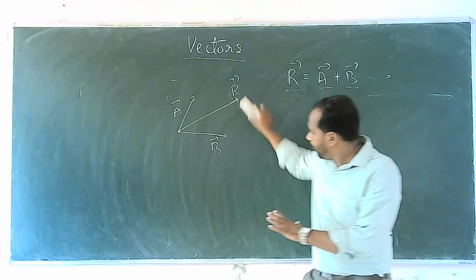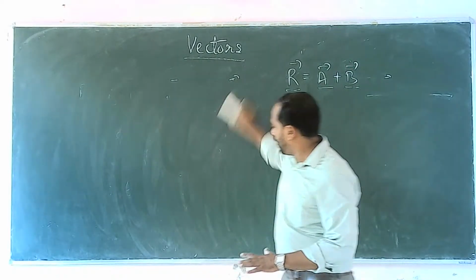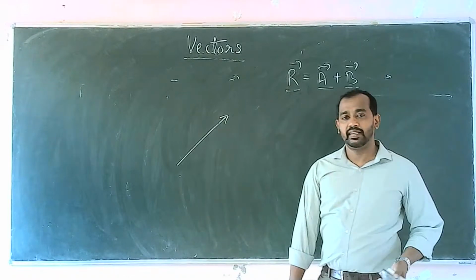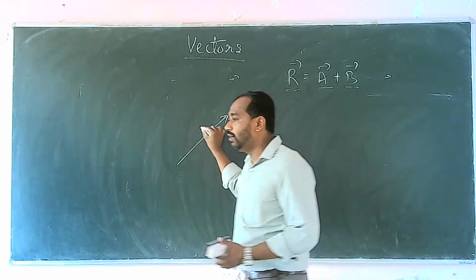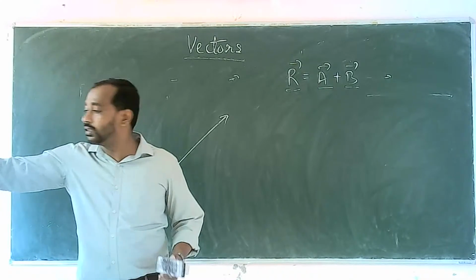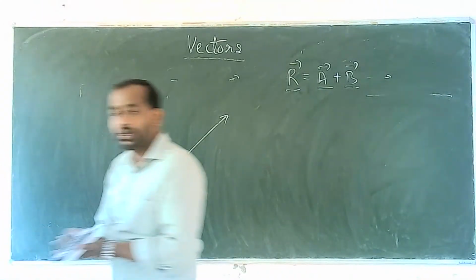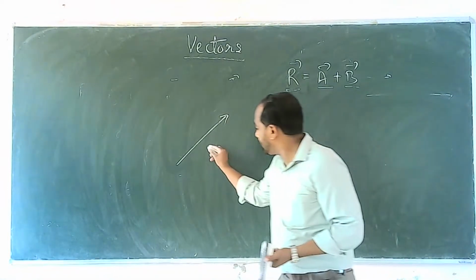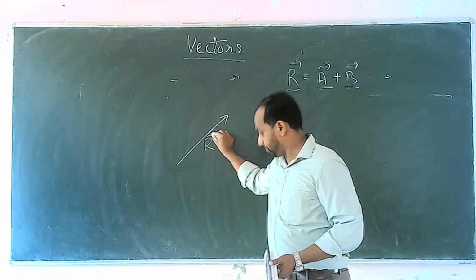For example, I will take a single vector represented as R. This is a single vector R. Okay. I will try to find some colored chalk pieces. I got three colored chalk pieces. So here, this is a vector R.